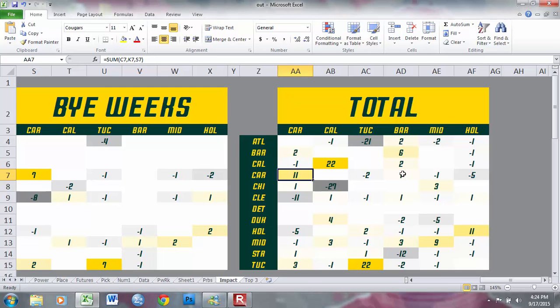His 3 go up 11%. Tucson has a lot riding this week, not only to make the playoffs, but to win his division, to get a bye week, to the point that if he wins, like he should, against Atlanta, his probabilities go up a combined 22%. If he loses, they go down a combined 21%. All other things being held the same.